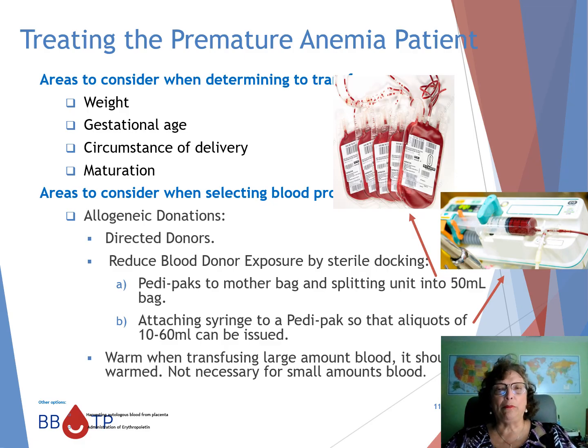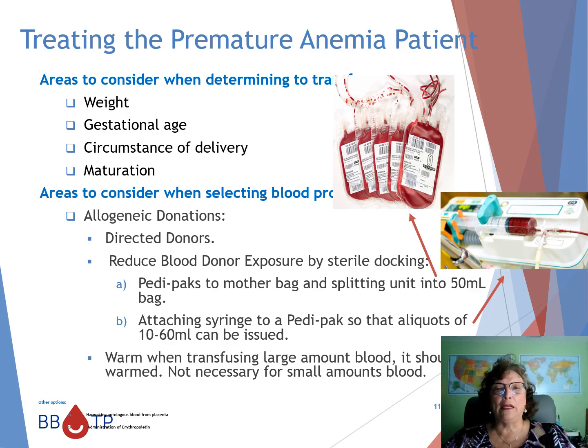So different types of products that are used are the allogeneic donations, such as directed donors. You have, in order to reduce blood donor exposure, because as I mentioned, a lot of times these premature infants are repeatedly transfused with small volumes.